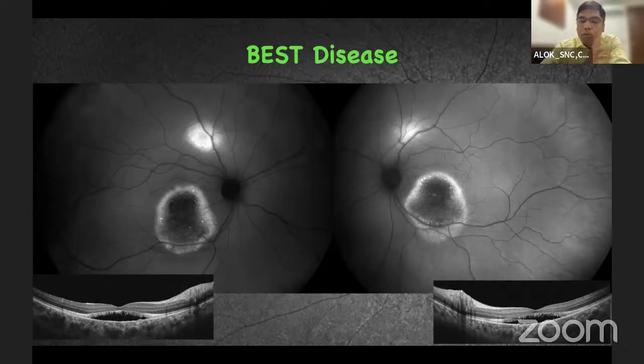They correspond to the outer segments which are shaggy, that is seen on the OCT.